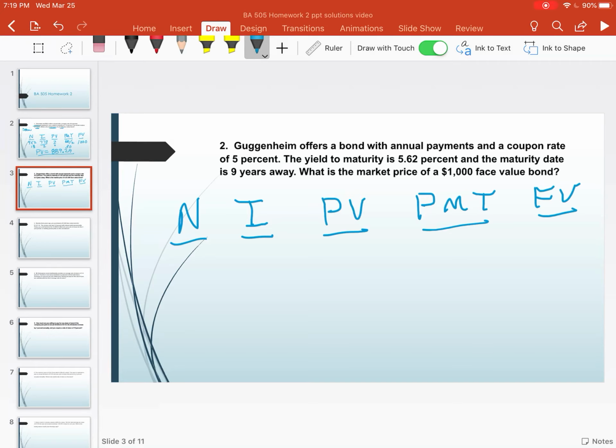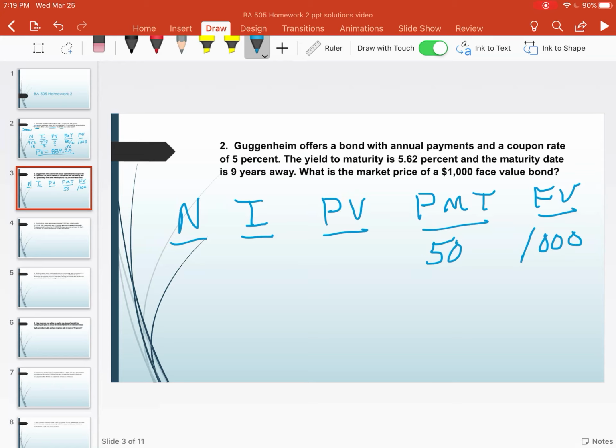You know that. So in this problem, we still have a face value of $1,000, or maturity value. We are actually looking for annual payments and a coupon rate of 5%. So on 1,000, our payment is going to be $50.